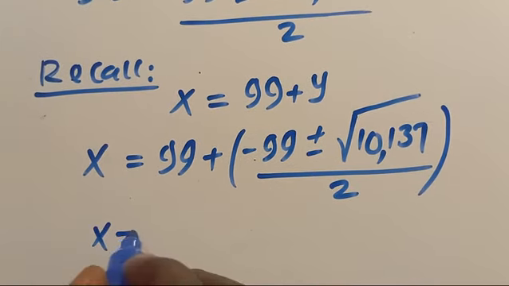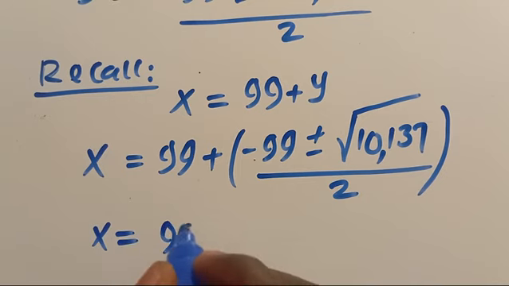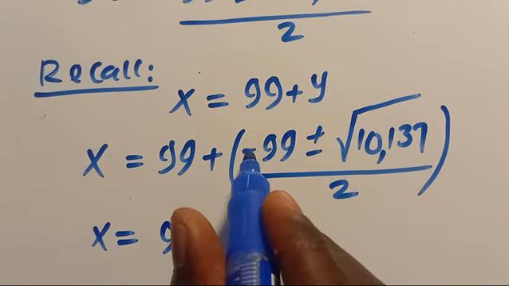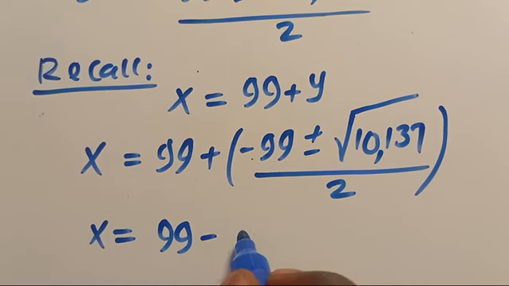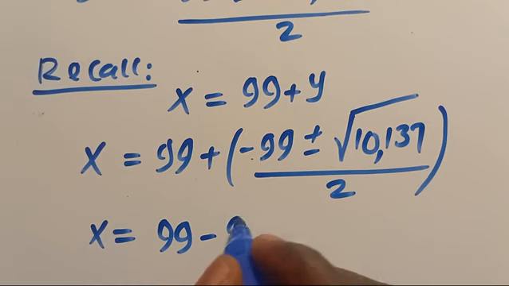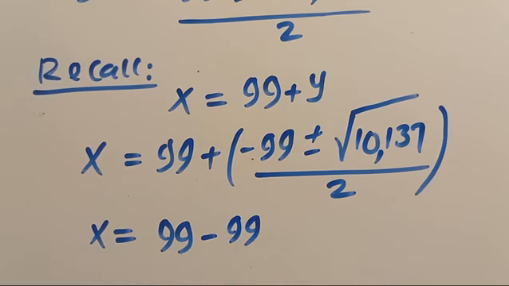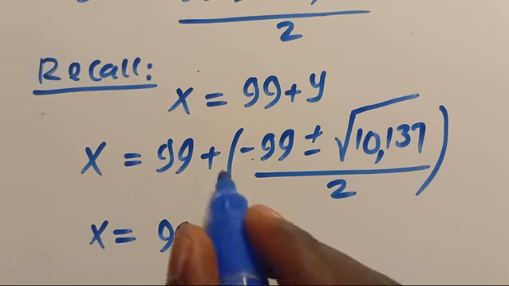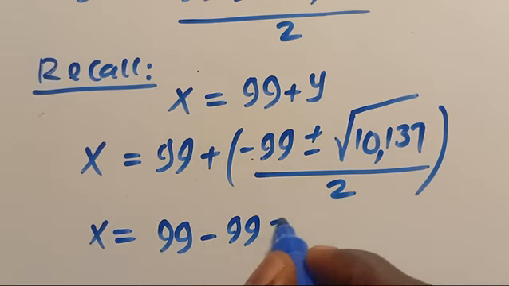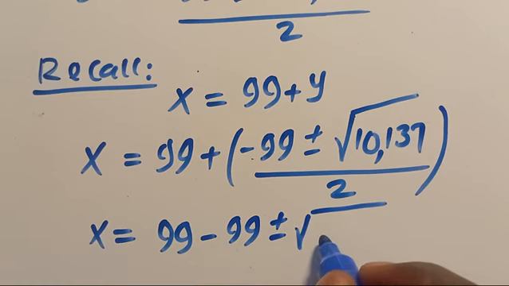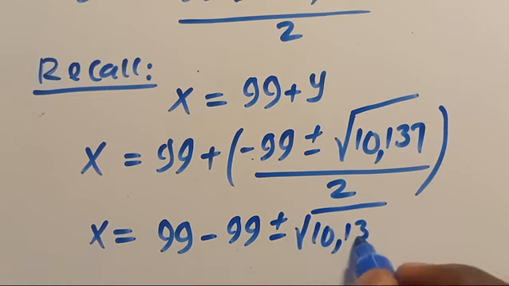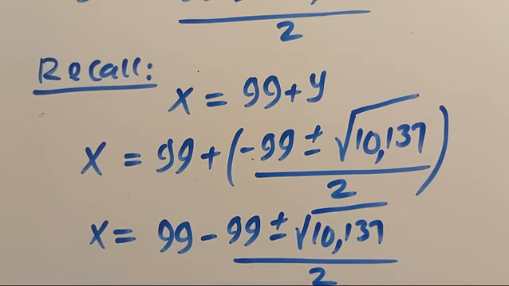So x equals 99 plus minus 99, positive or negative, square root of 10,137 over 2.